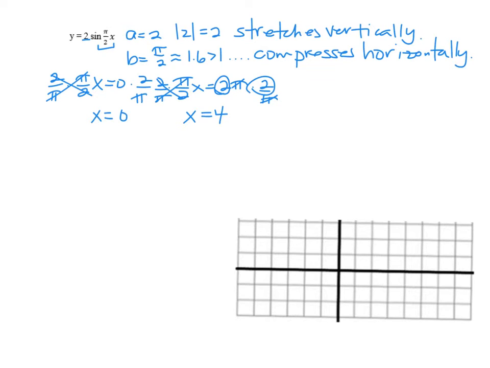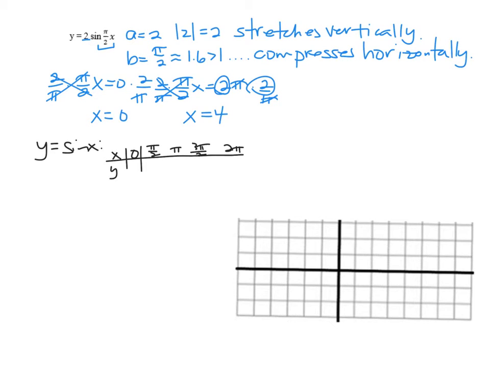What that means then is that we're going to have to figure out our divisions in between. As we think about graphing our parent function, y equals sine x, we're going to have to think about how we can put that on this coordinate system as well. So I've got x and y: 0, pi over 2, pi, 3 pi over 2, and 2 pi.